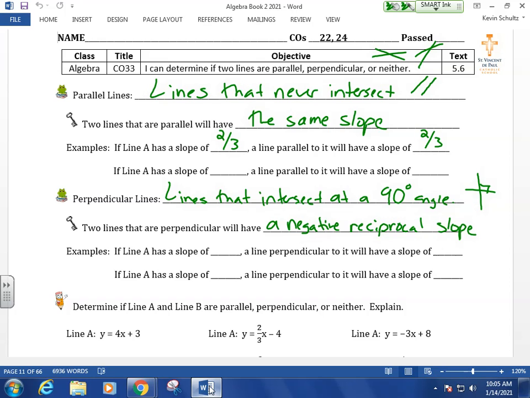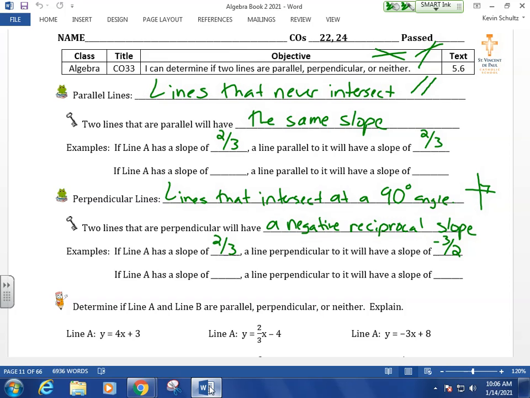If line A of a perpendicular relationship has a slope of 2/3, the slope of line B, perpendicular to it, will be, Violet? -3/2. Good. The sign changed and the fraction flipped. That's what's going to get that 90-degree angle.